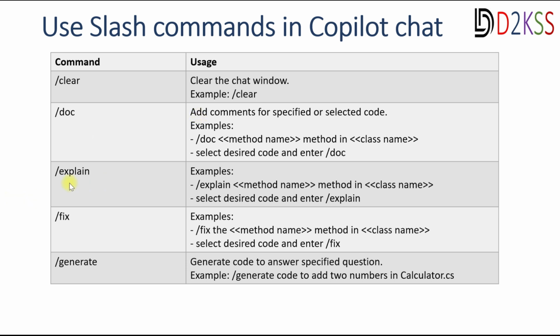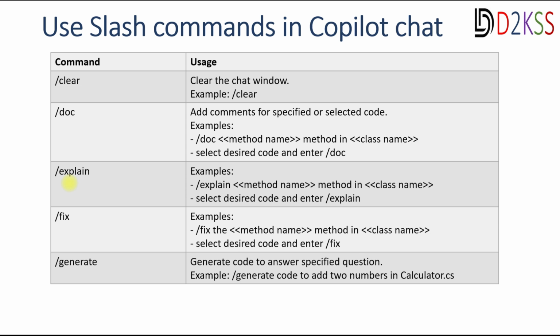The next command is /explain. This particular command will help provide an explanation of the particular code. How does this command help the programmer? For example, when you are trying to analyze or fix an issue in existing code, but you do not understand the code, why it was written, or how the flow is happening between particular methods or statements.